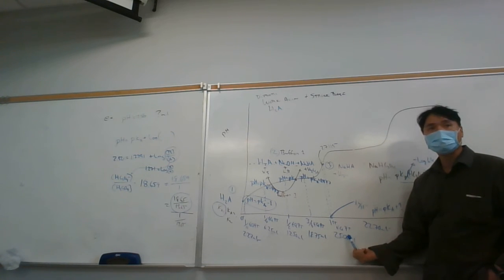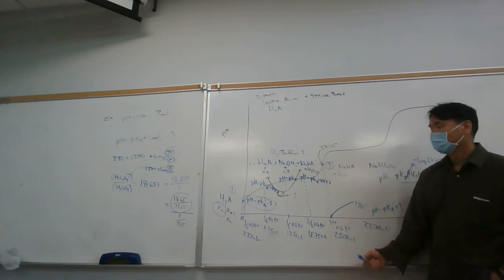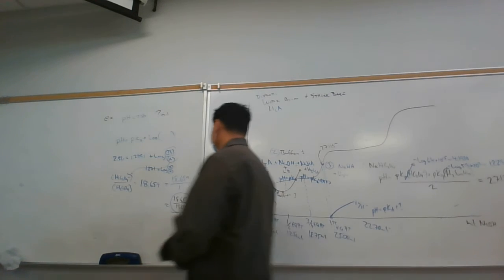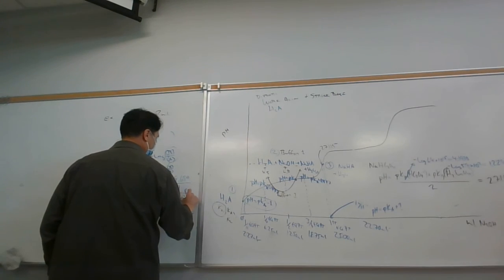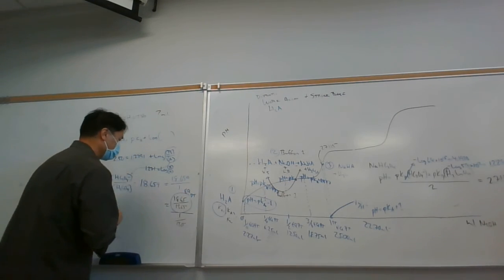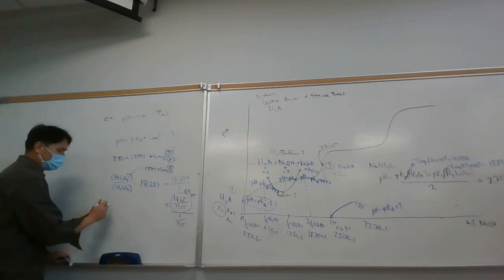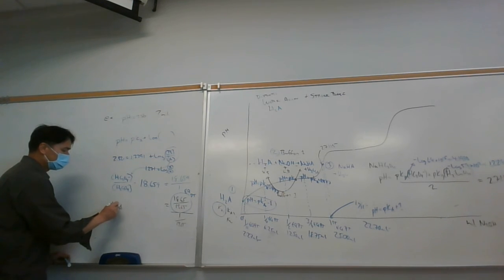19.65 parts would be all of it. That would be 25 milliliters. And to figure out the volume, well, this is what we call the equivalence point here. We'll just take 18.65 out of 19.65 times 25.00 milliliters.